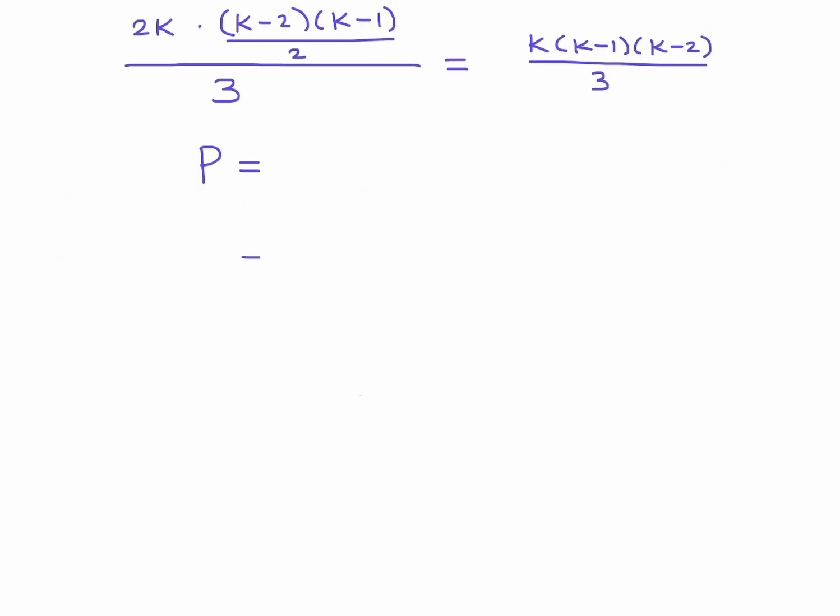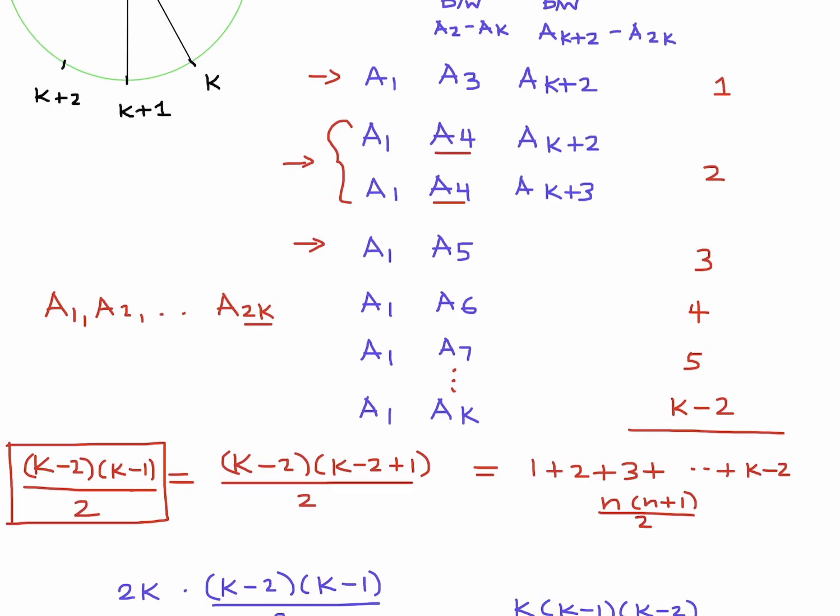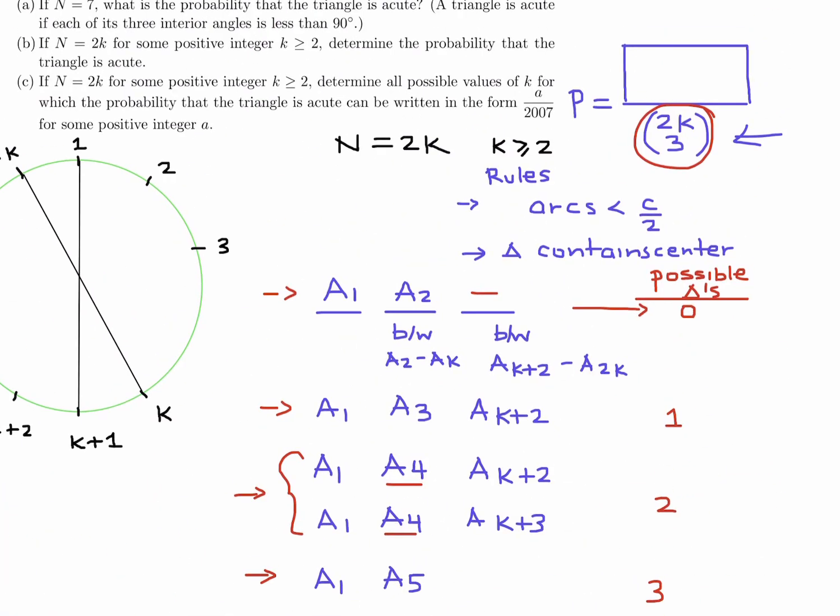So my probability is going to be K times K minus 1 times K minus 2 all over 3, and the denominator, if you remember, it was 2K choose 3. Right? I had written that up there earlier, right here.